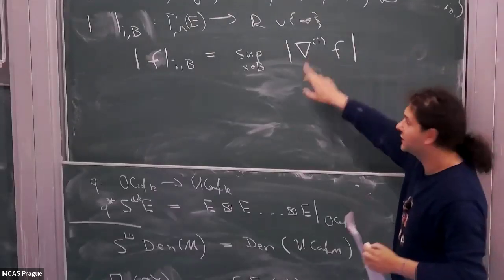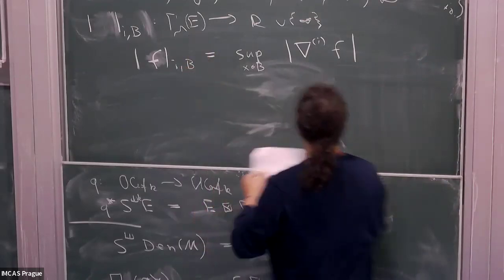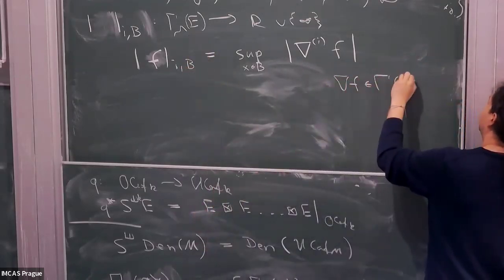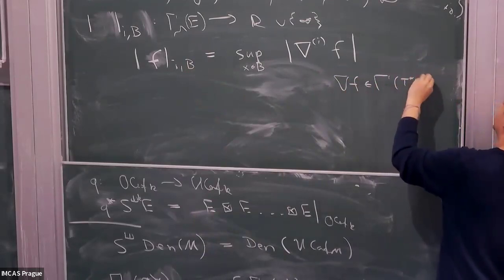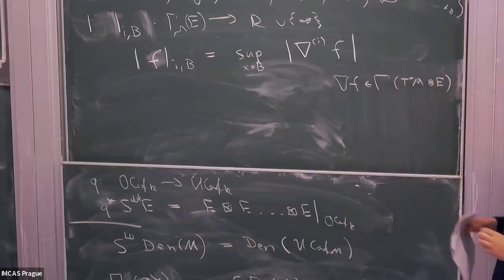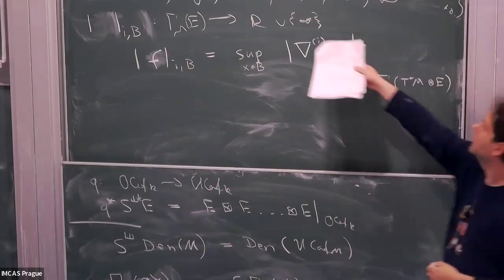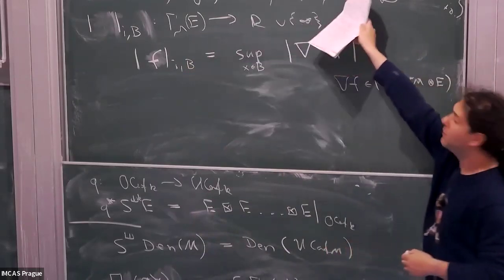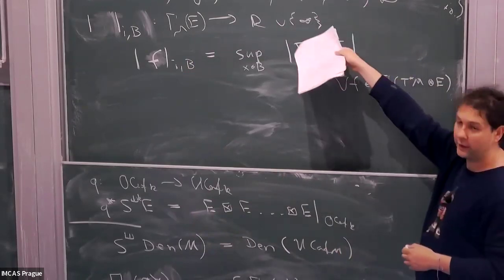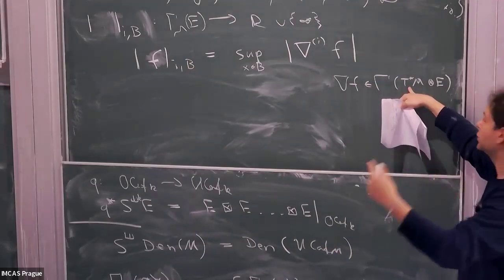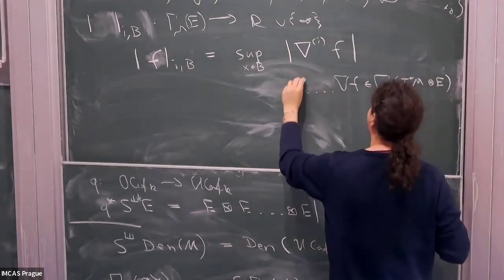Here, when I apply the first nabla, it's a map from Gamma(E) to Gamma(T*M tensor E). If I want to apply another connection to it, I need both the connection on M and on E, because a connection on TM induces a connection on T*M. This is what allows me to iterate the process.